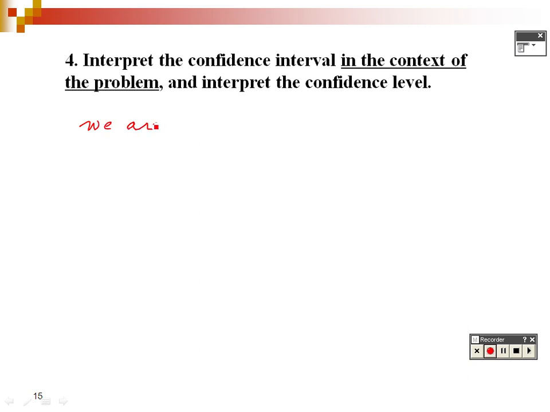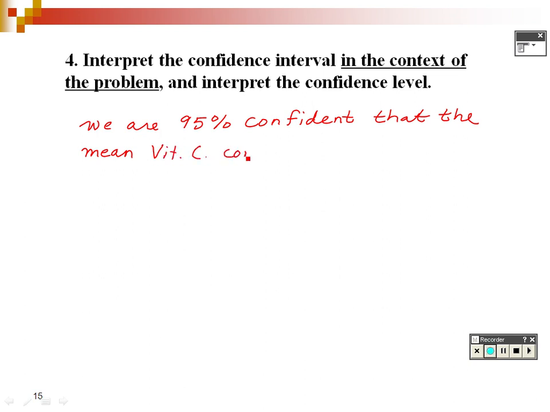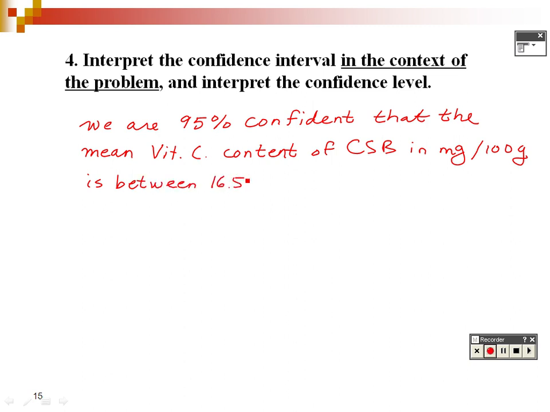We are 95% confident that the mean vitamin C content of CSB in milligrams per 100 grams is between 16.5 milligrams and 28.5 milligrams.